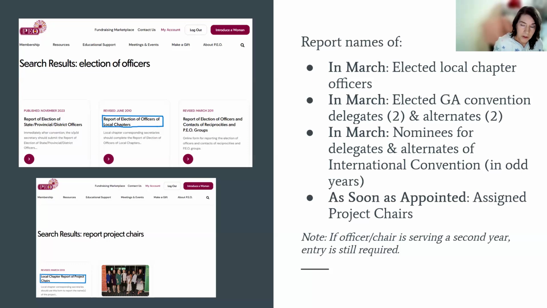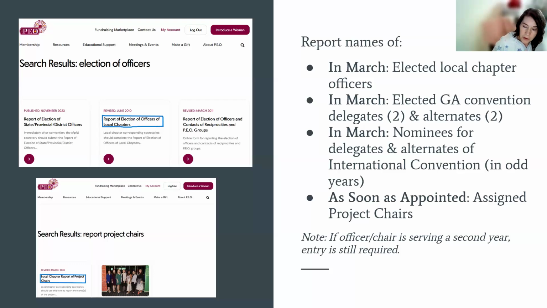This is an international convention year. So if your chapter has delegates for international convention, and there's only a handful of chapters selected each international year to do that, they have to be reported, and the alternates also have to be reported.